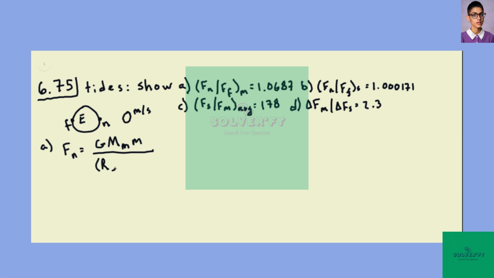And so this is going to be the Earth-Moon distance minus the radius of the Earth, because we're on this side. So you go from the center of the moon to the center of the Earth and then back the radius of the Earth. And then similarly here for the far side, you're going the distance from the center of the moon to the center of the Earth, and then plus the radius of the Earth.